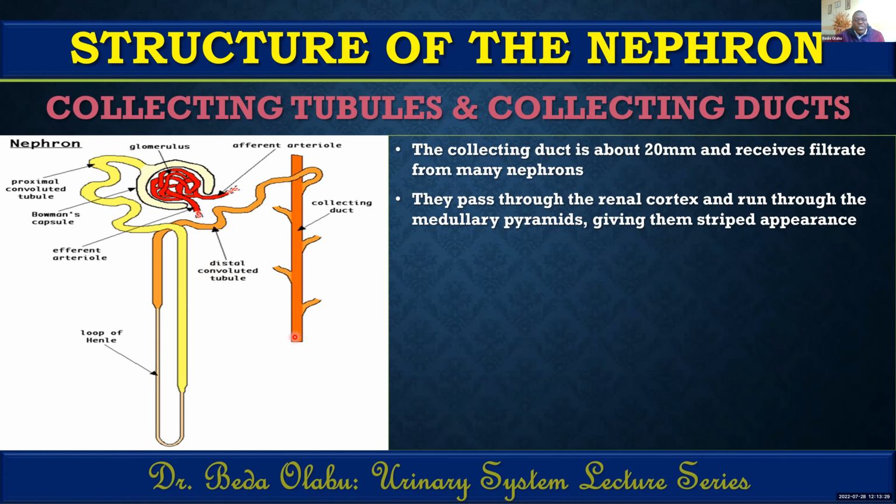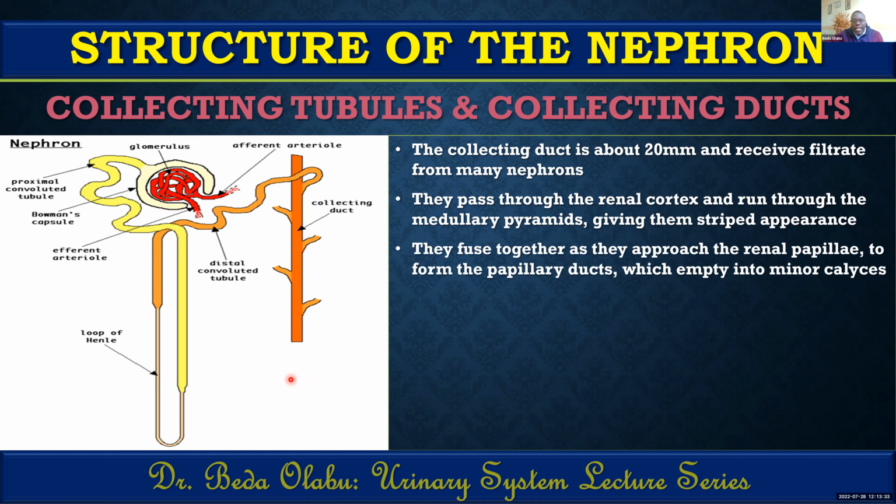The larger ones join together to form what we call papillary ducts. So the papillary ducts are formed by union of collecting ducts as they go towards the renal papilla. As the collecting ducts pass through the medulla, the pyramid, they give the pyramid a striated appearance.